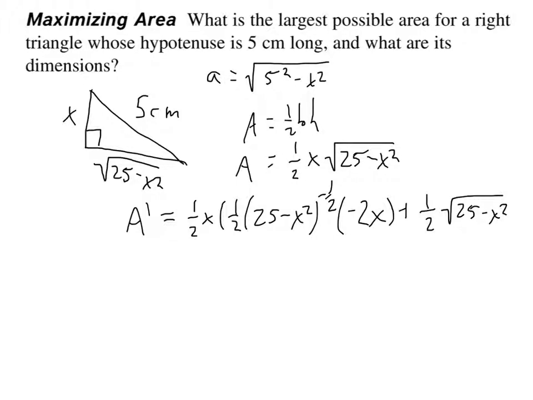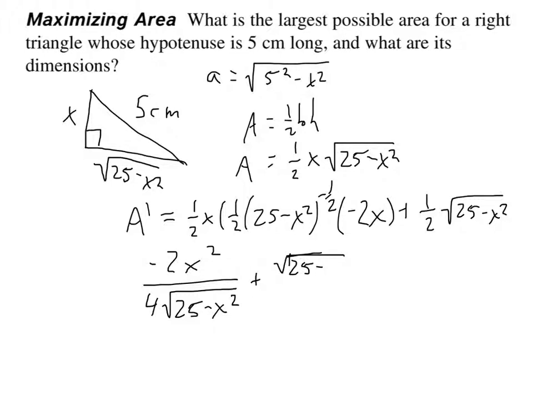Okay, so if I wanted to change this up a little, I would make this a negative 2x, or just kidding, a negative 2x squared up top, over 1/2 and 1/2 would be 4 in the denominator, the square root of 25 minus x squared, plus the square root of 25 minus x squared over 2.